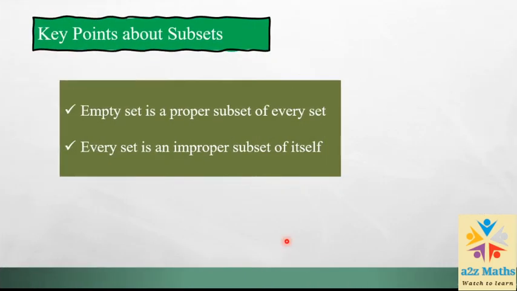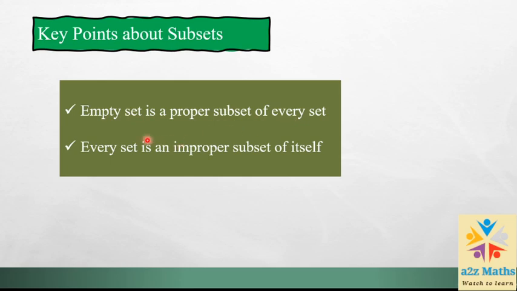Now there are two key points which you should remember, which are very important. Number one, empty set. You know, empty set is a set which does not have any element. So empty set is a proper subset of every set.